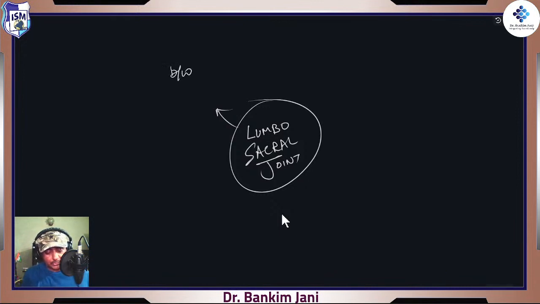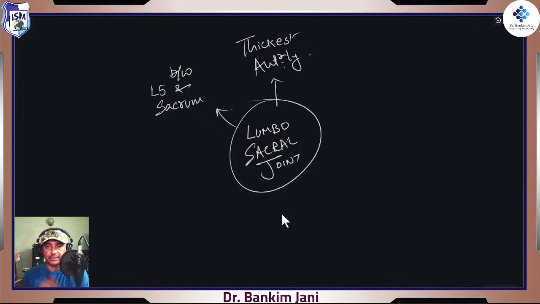Well, it is between L5 and sacrum, right? That's the first one. This joint is thickest, that is its speciality, that it is thickest anteriorly, right? It is thickest. What is the importance? Well, its importance is stability.